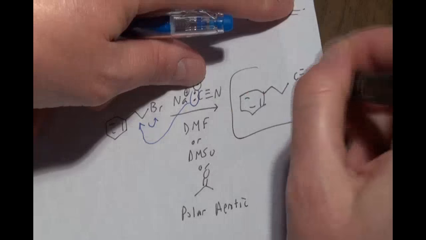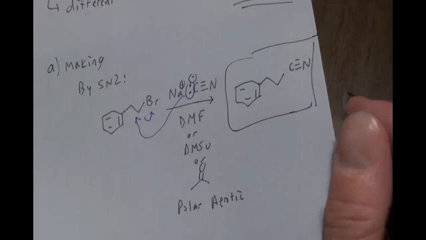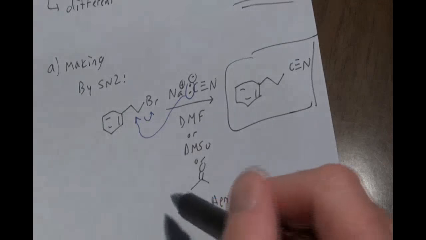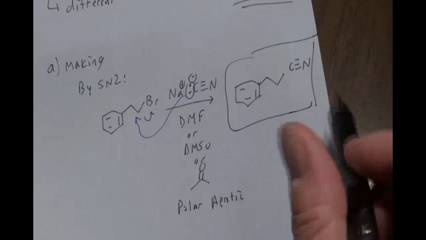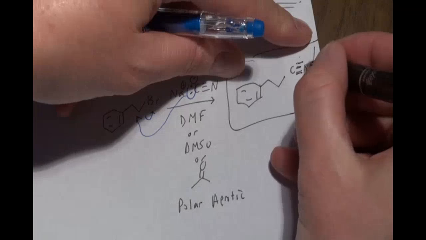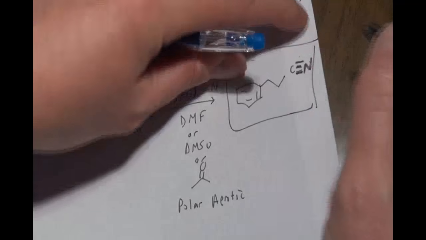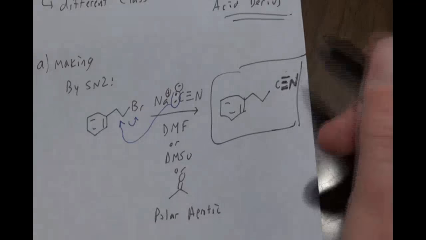Now we have a nitrile, right? And like we just said, when you lose a carbon, it's called a degradation. What was it called if you're adding a carbon? It's a C triple bond N. It looks a little funny, but there are 3 bonds there.